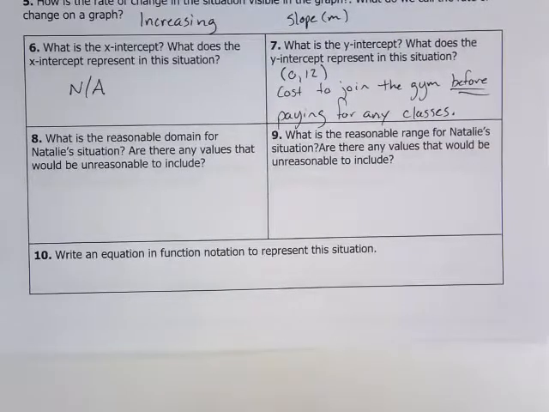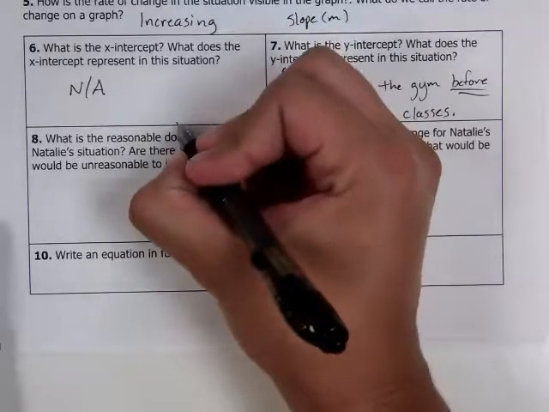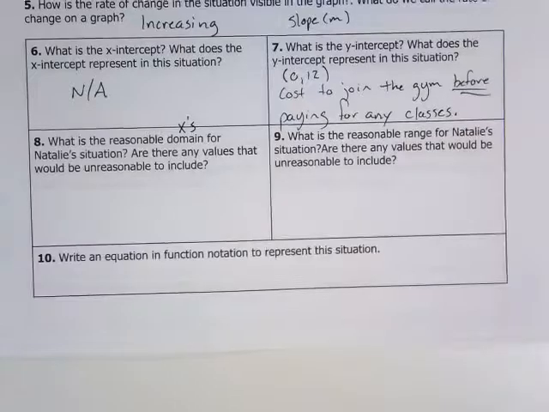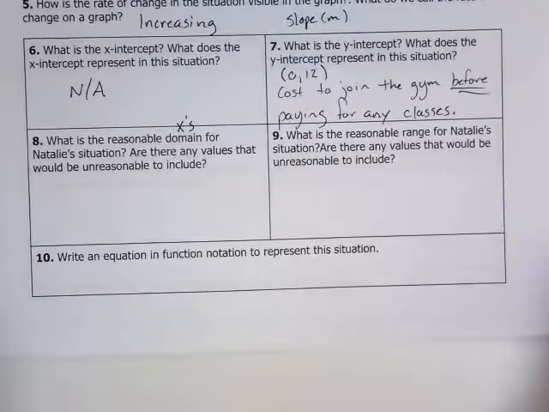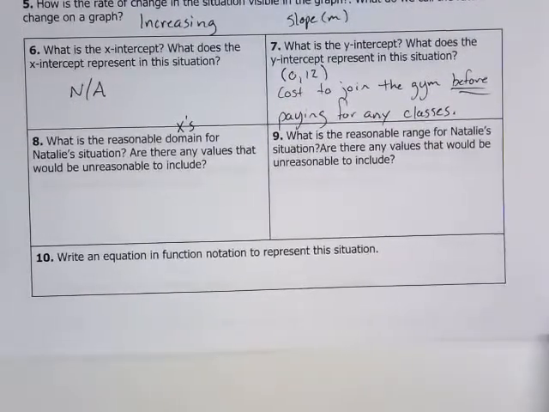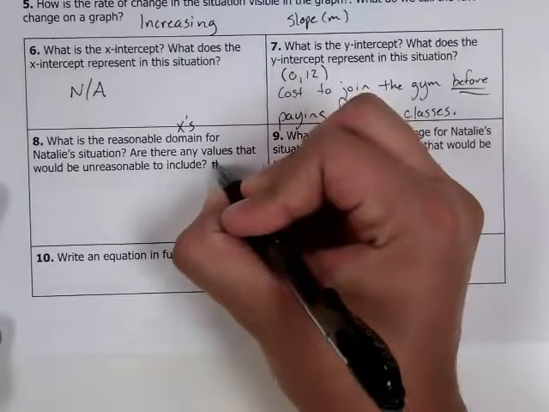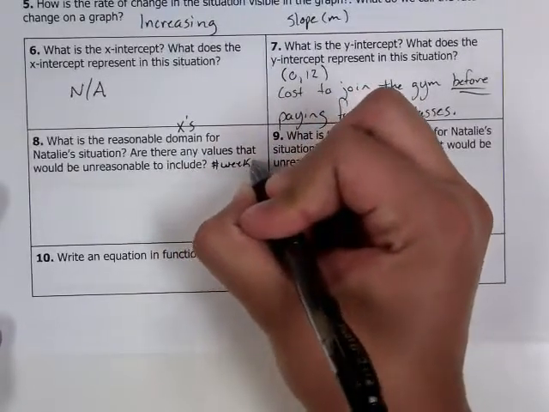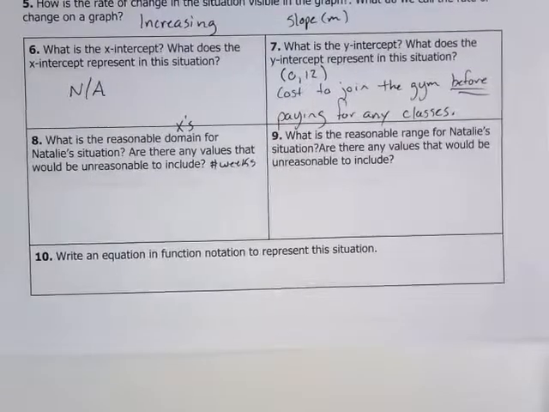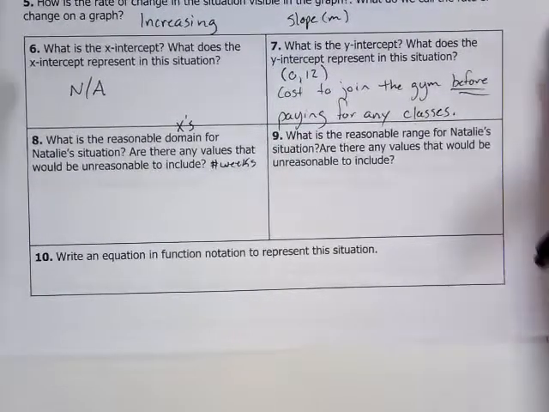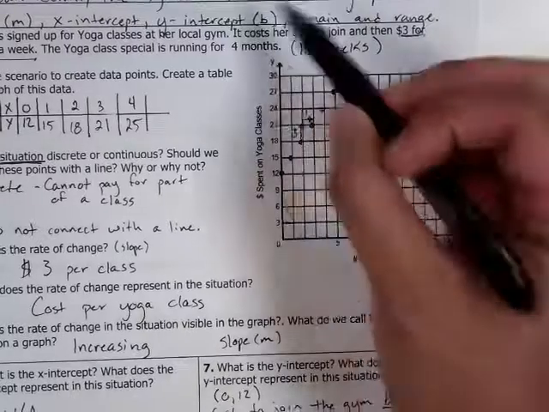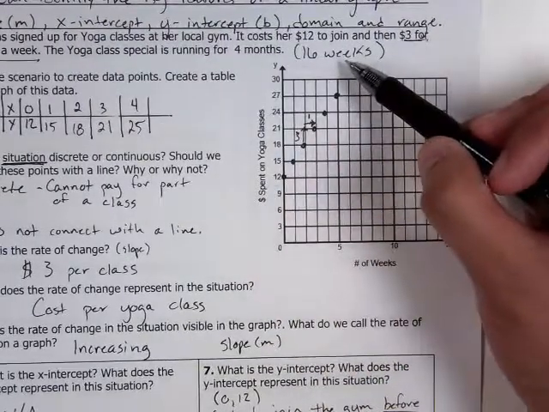What is the reasonable domain for Natalie's situation? Are there any values that would be unreasonable to include? Domain are your x's. So what are the possible x values for this problem? Now we want to make a list, right? Our x's are our number of weeks. So how many weeks are possible in this problem? Well, at the very beginning, we said it was 4 months long, which translated to 16 weeks.